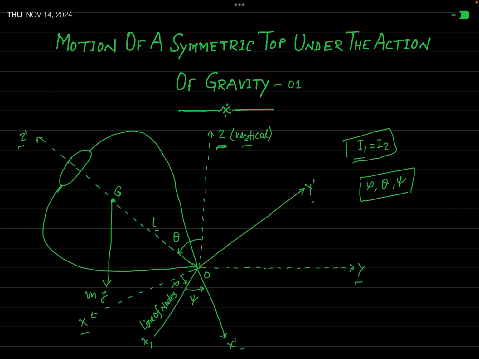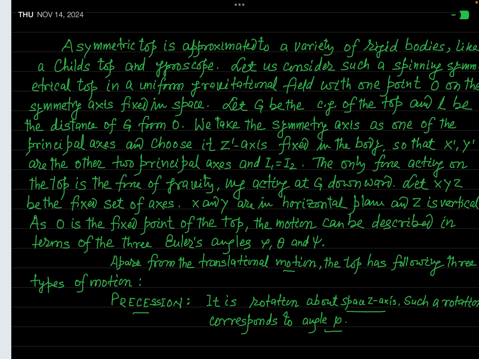X is the space set x axis and x dash is body set, and this line of nodes lies between them. Okay, so the another angle of rotation, which is actually rotation about this line of nodes, is represented by the symbol theta, which is actually the second Euler angle.